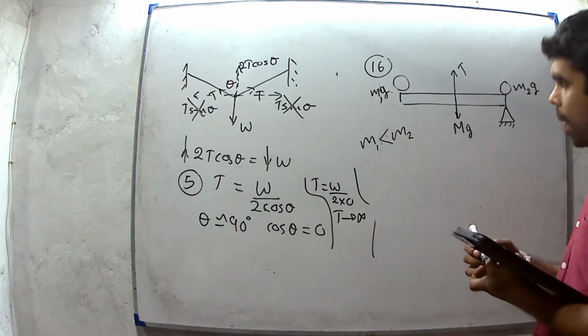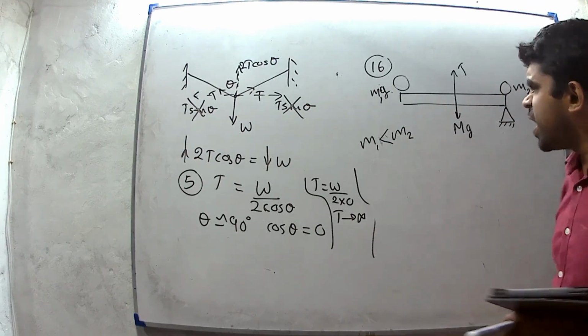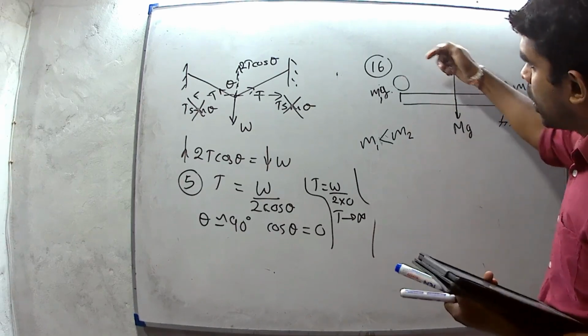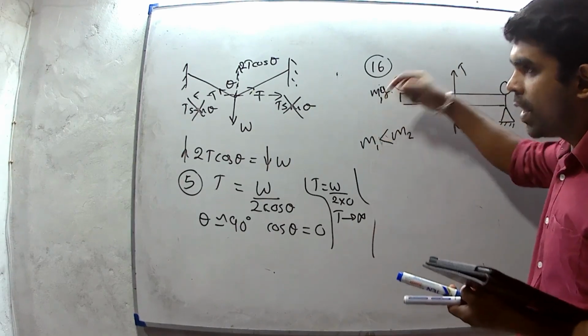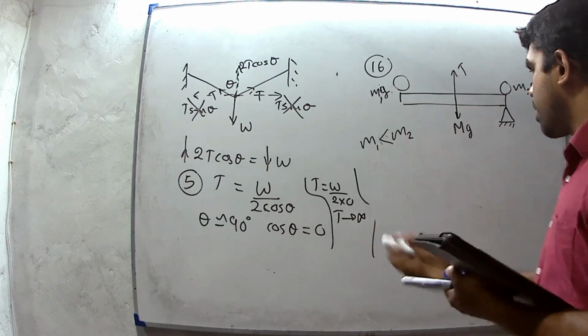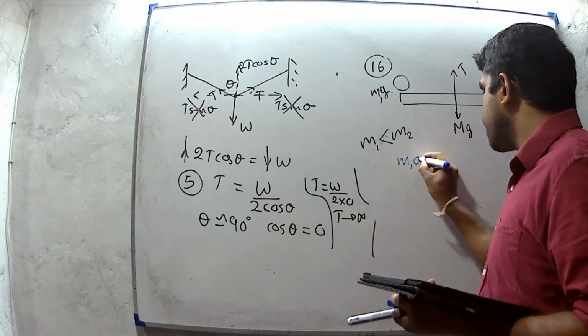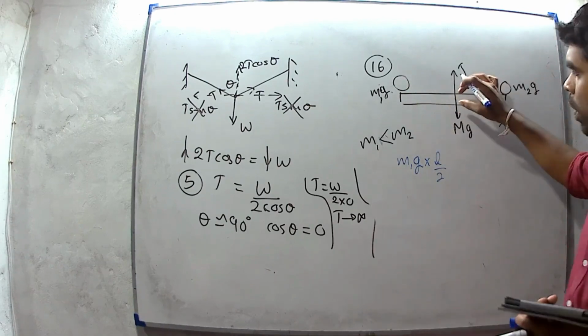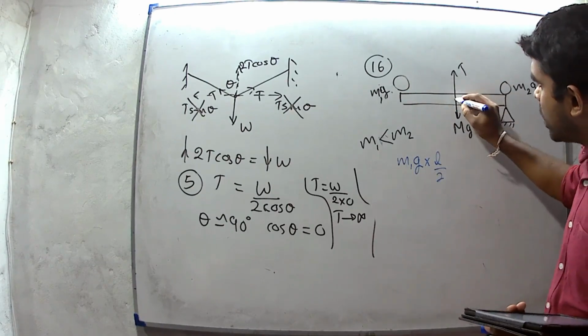And when considering the resultant torque, the torque due to M1g is in this direction: M1g into L over 2. L means the length of the rod. L over 2, torque around this point, O point.